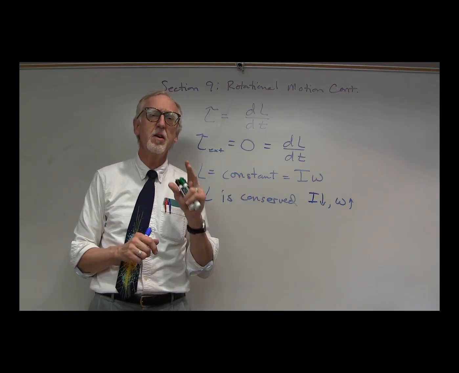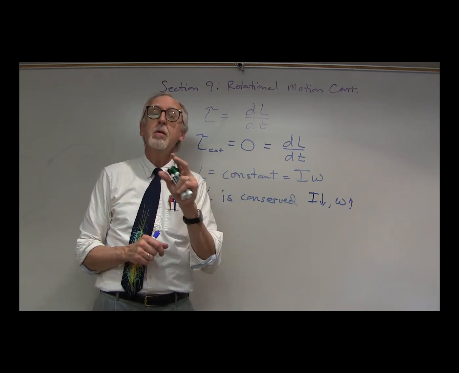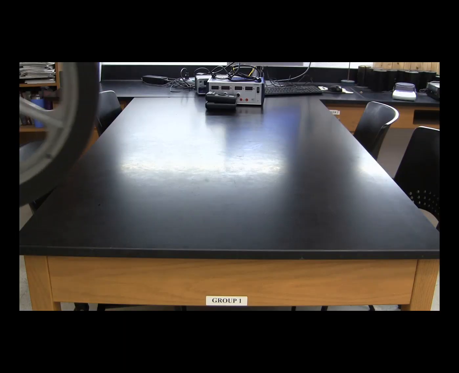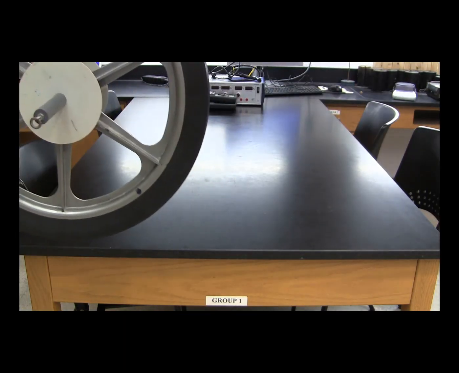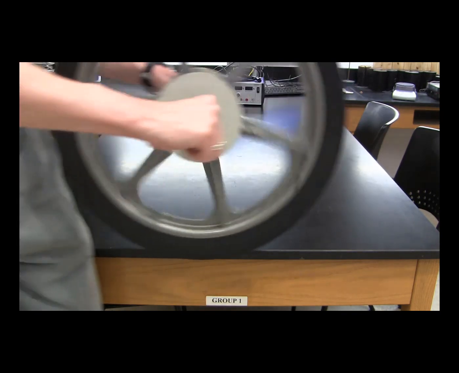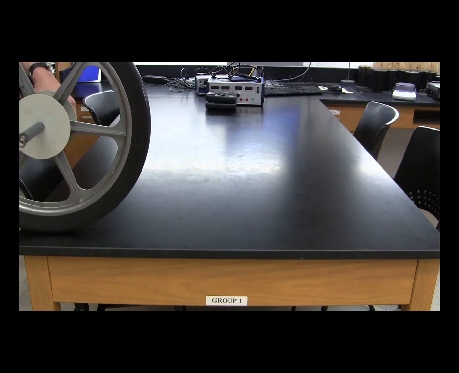Okay, let's take a look at a combination of translational and rotational motion. And we're going to look at a very specific kind of combination called rolling without slipping. I want to look at a motion that's a combination of rotational motion and translational motion, like this. Now, you can imagine, I'm going to have this tire on the table.